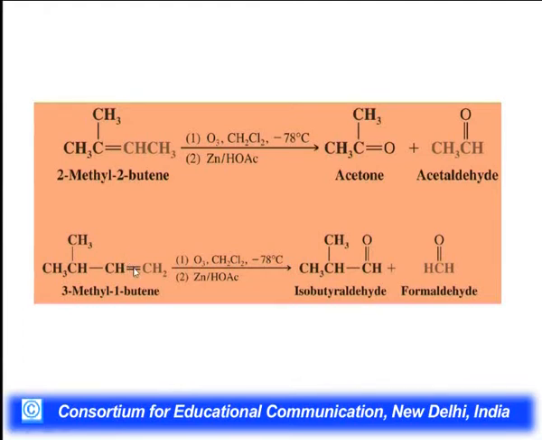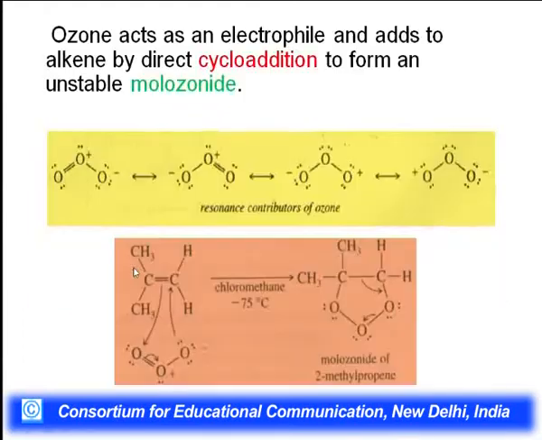Now if we look into the mechanism of the reaction, and the resonating structures of ozone, we find that ozone is made up of 3 atoms of oxygen. One of the oxygens has a positive charge, that is, it is electron deficient, whereas one has a negative charge, so from there it can act as a nucleophile.